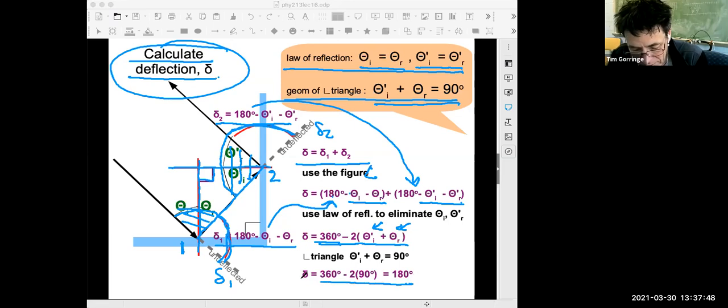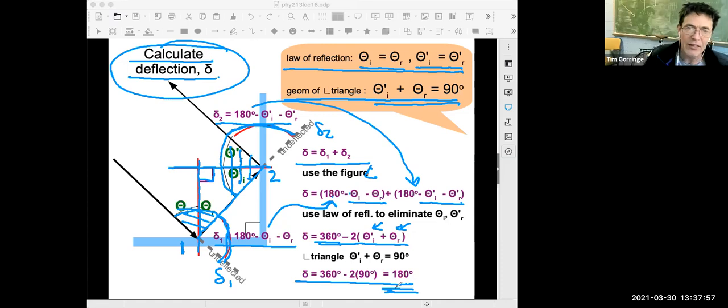And that's what I did down here. And so I've got 360 degrees minus 2 times 90 degrees. That's 180 degrees. It doesn't matter. This is the fantastic thing about retroreflectors. It doesn't matter what this angle of incidence was, theta I. You always are reflected by 180 degrees. So that's fantastic.